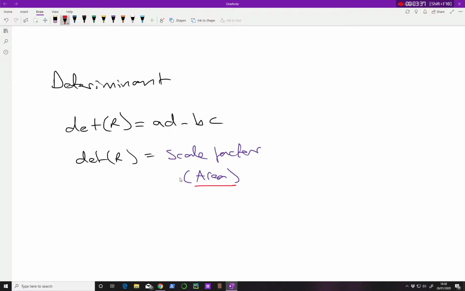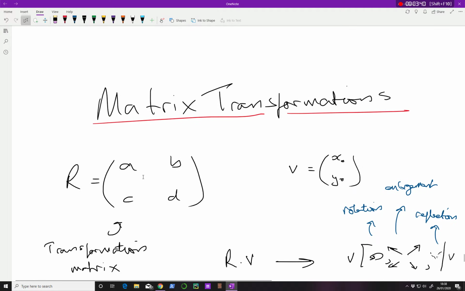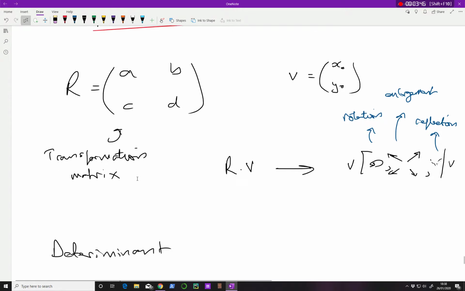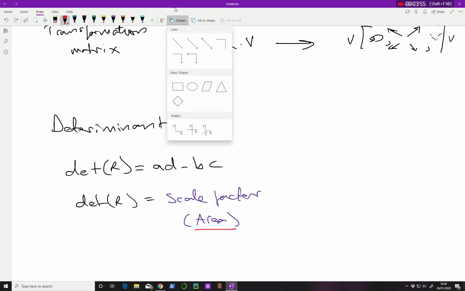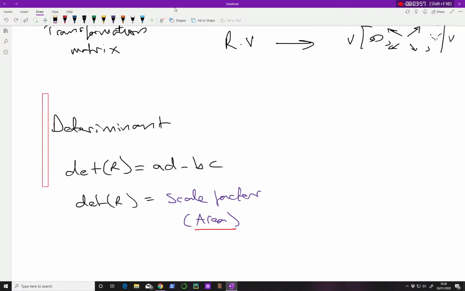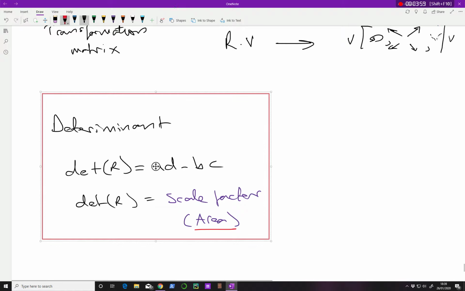So when you work out the determinant of any transformation matrix, you are working out the area scale factor of that transformation. That is very important. And I'm going to just box that in red because I'm going to write another thing here.